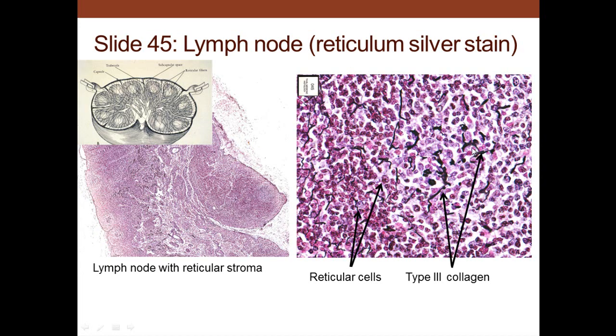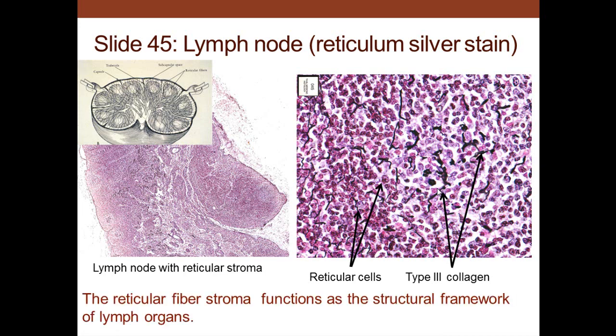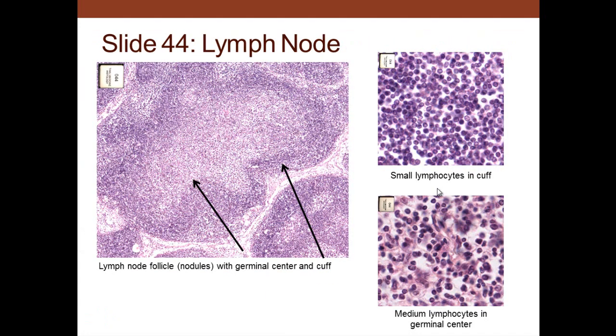So type 3 collagen fibers that branch and are supported by the reticular cells, and indeed produced by the reticular cells, form a meshwork through which the lymphocytes percolate through. So reticular fiber stroma functions as a structural framework of lymphoid organs.